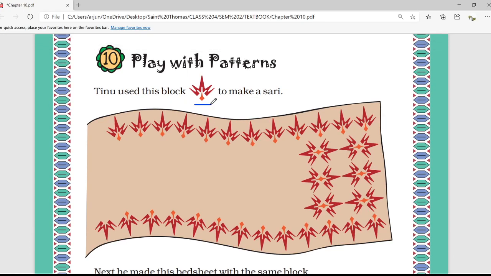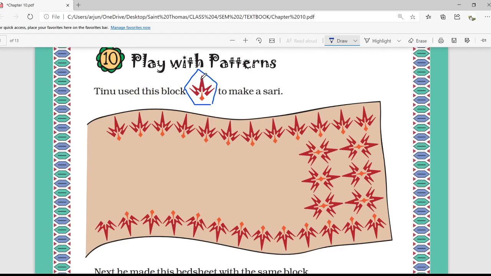So, what have they done? By using this block, they have made this pattern on the sari. Now see the direction. If we consider this this way, see here also they have done it this way. See the direction mainly. So the continuous pattern is like here.